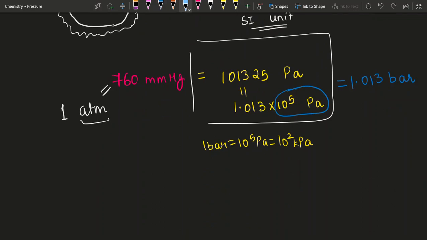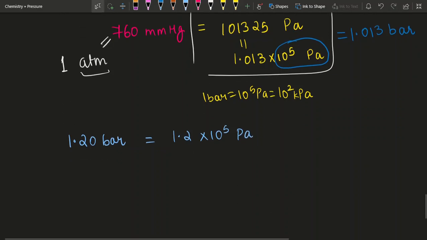Let's say you have 1.20 bars. Now 1.20 bar is equal to 1.2 into 10 to the power 5 pascals. So using the unitary method, I want this bar to be converted into ATM.